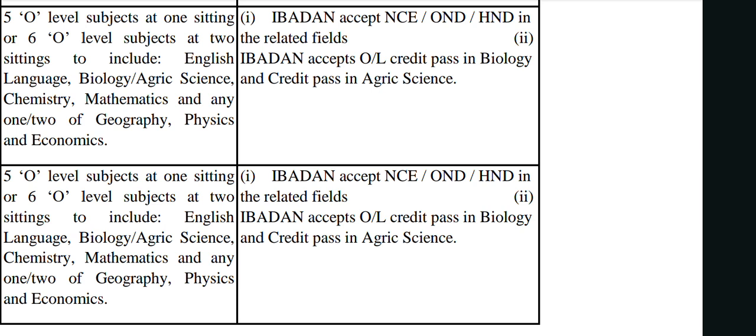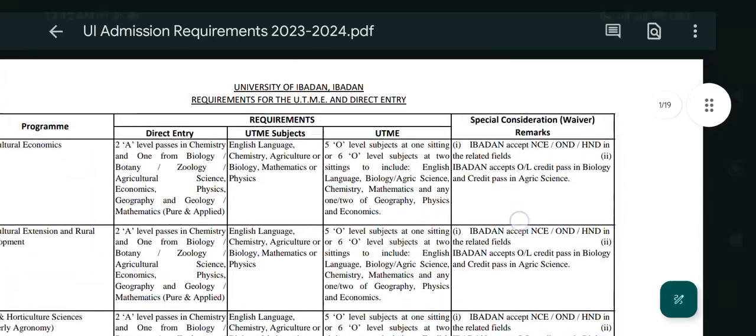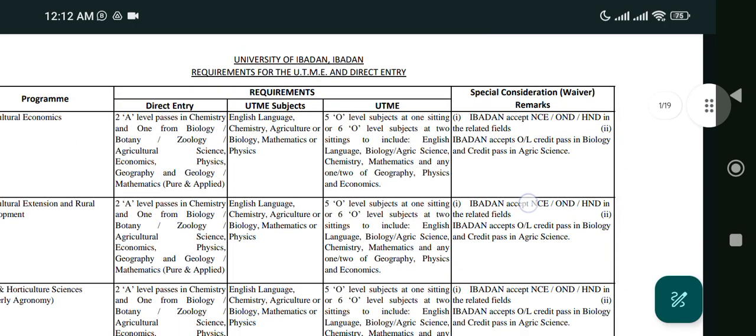Now, this is where another question comes in. Some candidates will be asking me, okay, how many points do they accept for NCE? How many points do they accept for OND, or let's say upper credit, or lower credit, distinction, merit, and all that. The thing is that if there would be a need for that, they will note it under this special consideration.